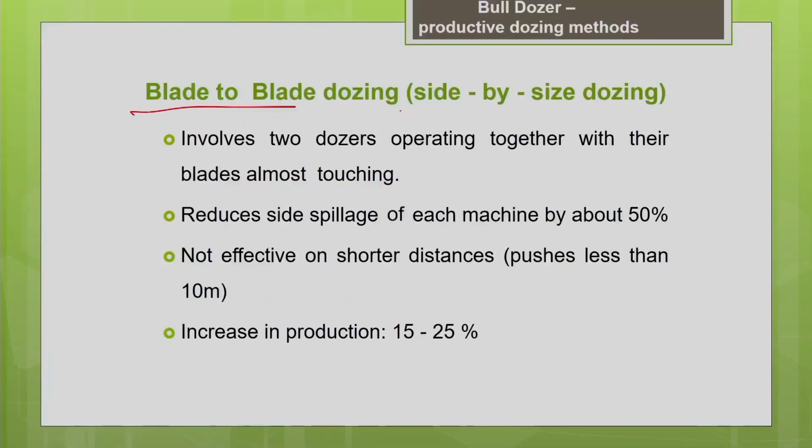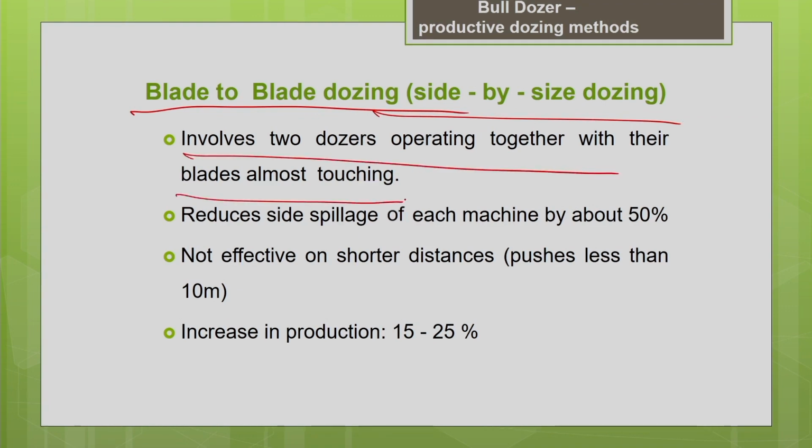This blade to blade dozing, also called side by side dozing, involves two dozers operating together with their blades almost touching. It reduces the side spillage between each machine by about 50%. But as I told you, some amount of time is needed for maneuvering.